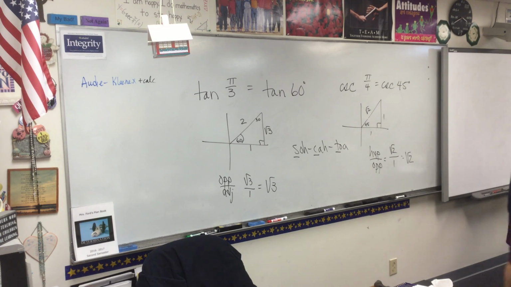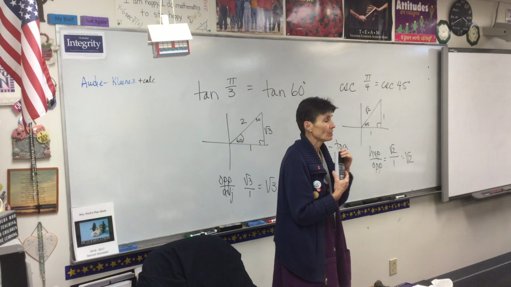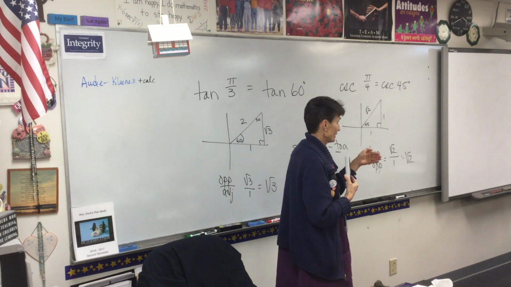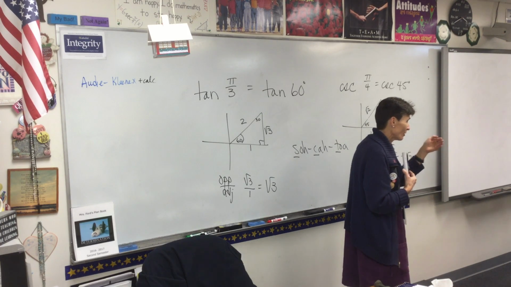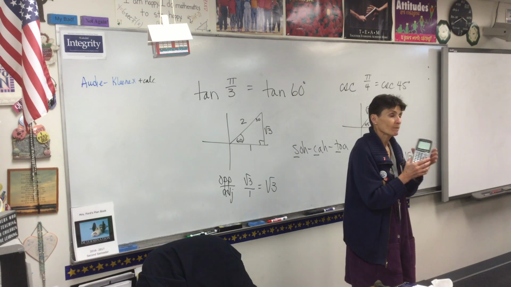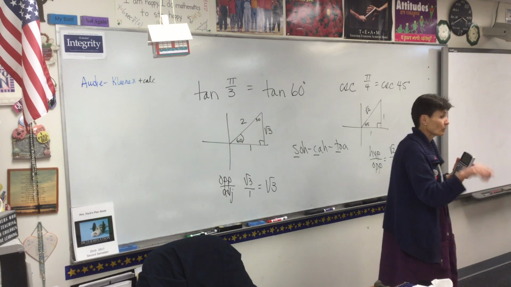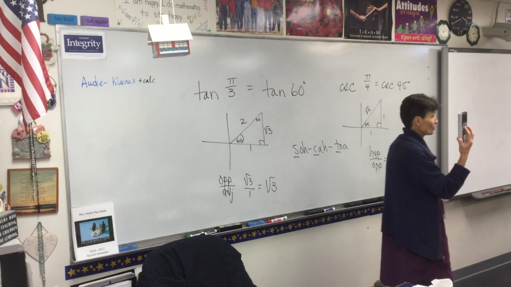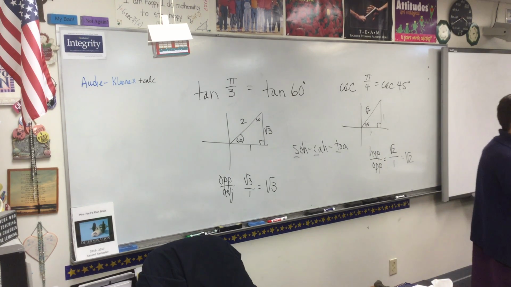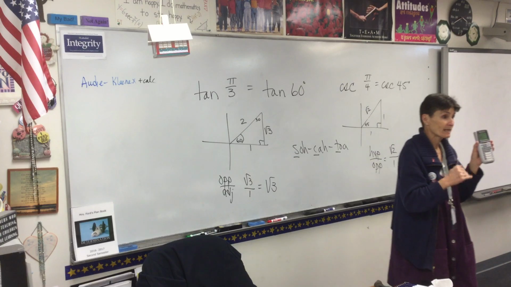Now, why is that important? Because when you type it into your calculator, you have to tell the calculator if you are putting in angles in degrees or radians. So the first thing I want you to do, we're going to do the checked problems that you just did first. I want you to go to mode on your calculator. It's in the top row of buttons, and the third one down.